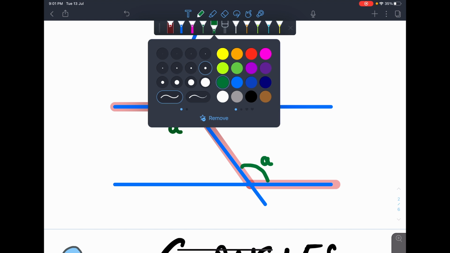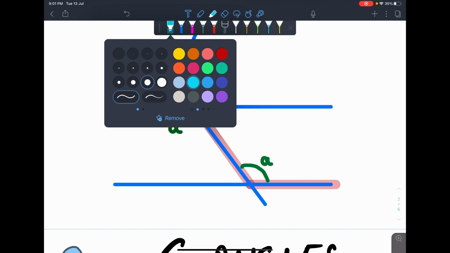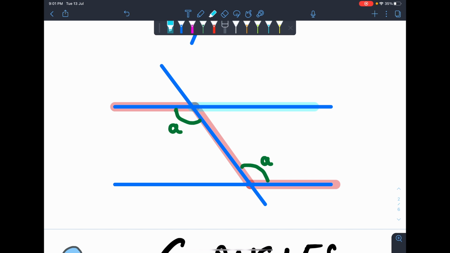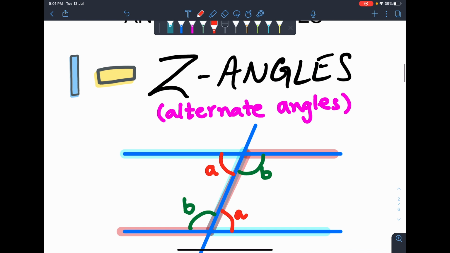Or you can do it the other way around, if you have the Z in the other direction. Let's make it with a lighter color. Okay, so where this blue Z is going, now I can spot that this angle and this angle are making a Z.